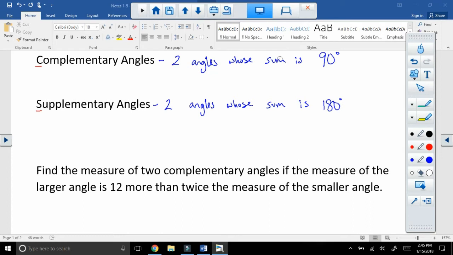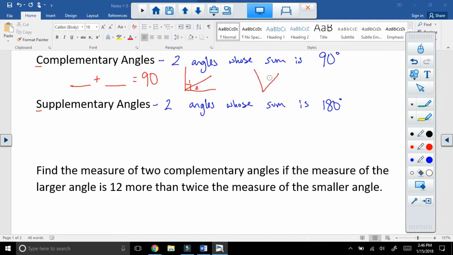So we need to remember that sum means that they add up. So complementary angles, what we're going to do is we're going to add the two angles up and it's going to equal 90. They may be adjacent angles. Like if you know that this is a 90-degree angle, these two angles here would add up to 90, but they do not have to be adjacent angles.